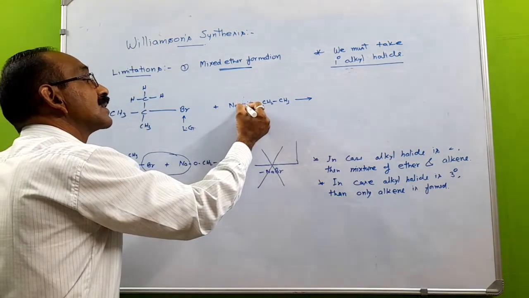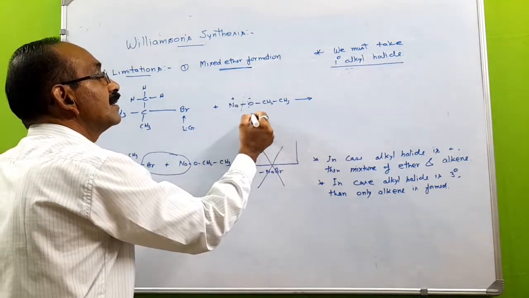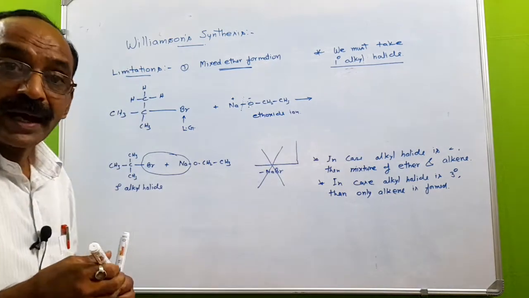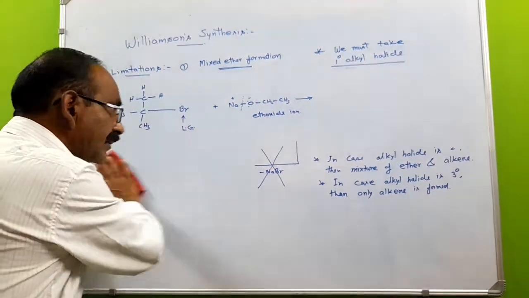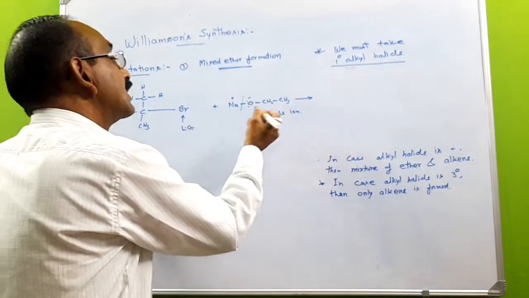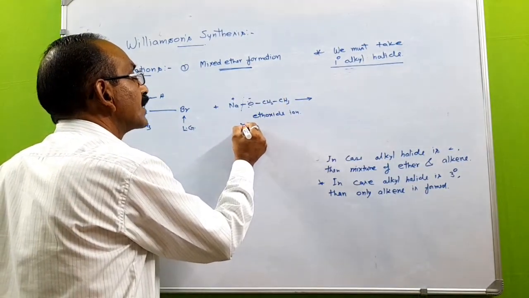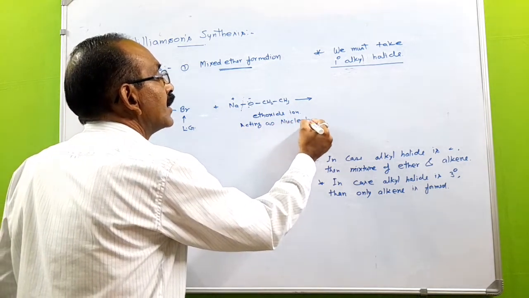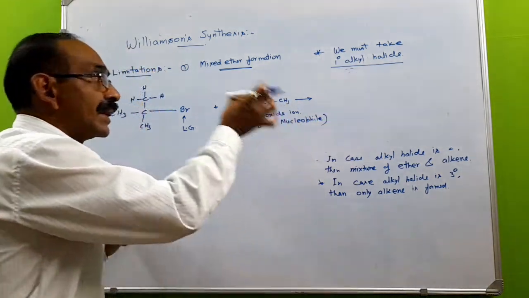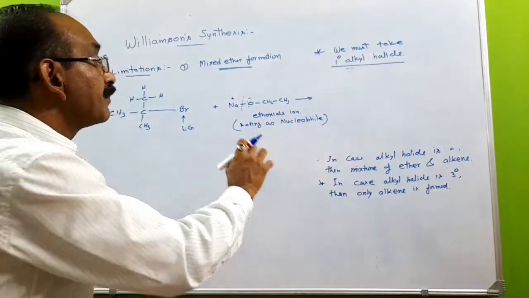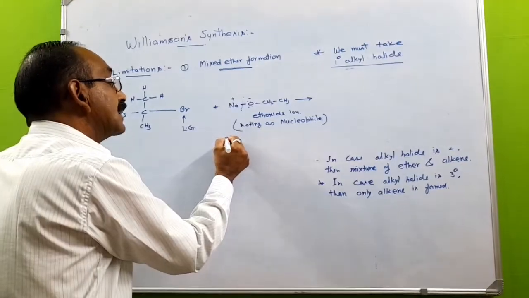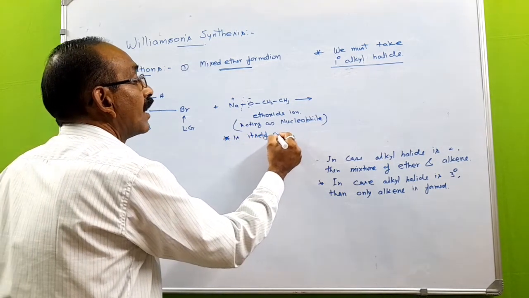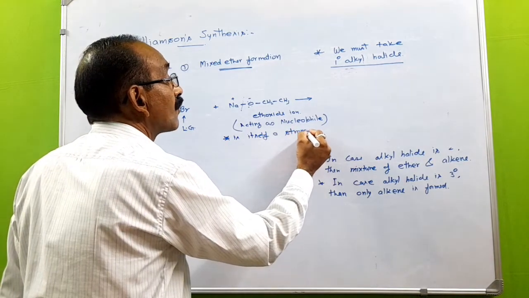Here the sodium ethoxide will furnish the ethoxide ion, and here it is acting as a nucleophile, but in addition to being a nucleophile, this ethoxide ion is itself a very strong base.